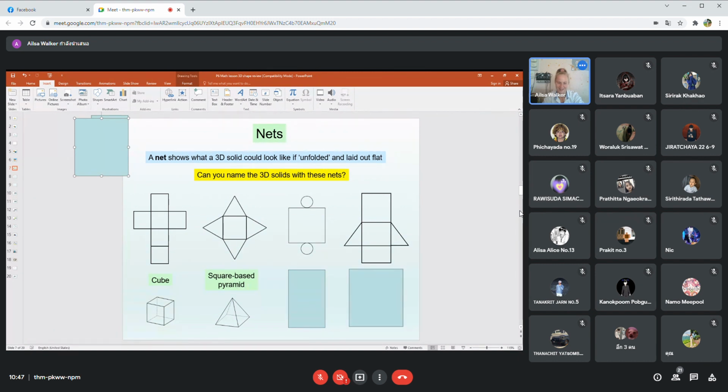John, do you think you know what shape this will make? Cylinder. Very good. Oh, the last one is tricky. Does anybody think they know what shape this will make? Anybody know?